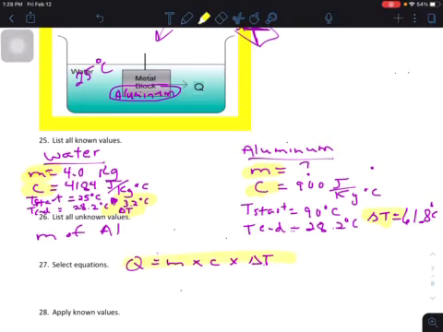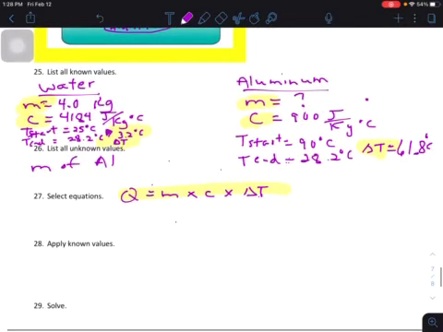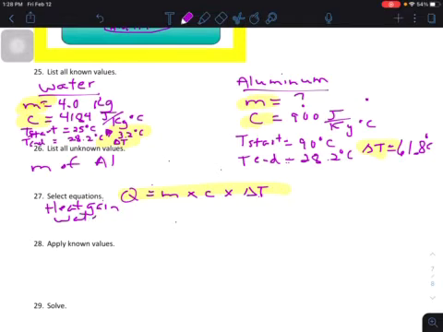But this is a little bit different kind of problem. This is why it's an A problem: we are going to use the idea that the heat gained by the water is equal to the heat lost by the aluminum.